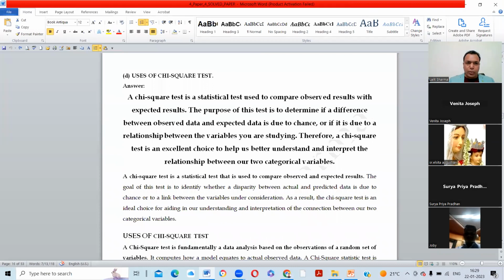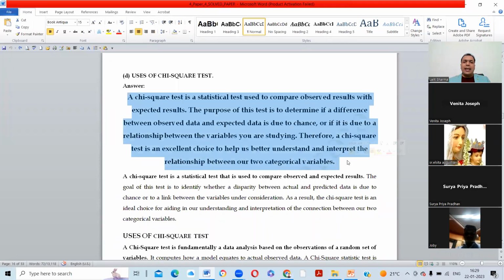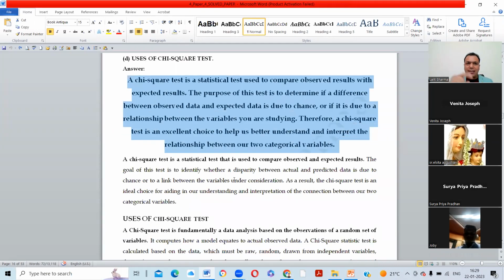Then uses of a chi-square test, right? What is a chi-square test? Chi-square test, it has come from the non-parametric tests from your last unit, chapter number 8, right? A chi-square test is a statistical test used to compare observed result with expected result.